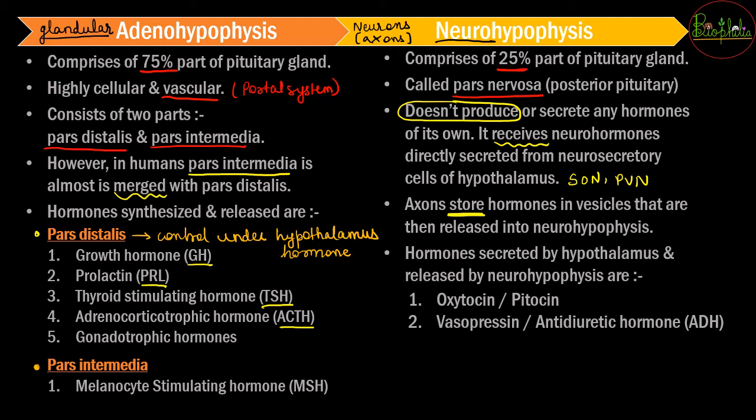Two hormones will be released: first oxytocin, or its synthetic version called pitocin, and second vasopressin or antidiuretic hormone, that is ADH. ADH comes from the supraoptic nuclei, and oxytocin comes from the paraventricular nuclei, and these will be stored and released by the neurohypophysis.